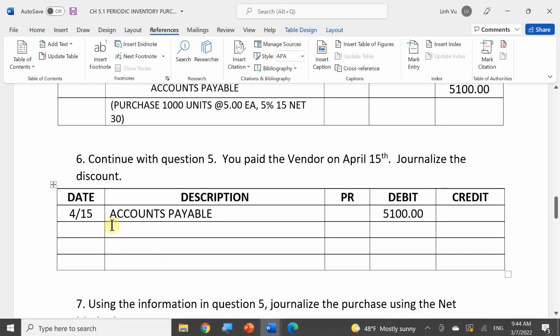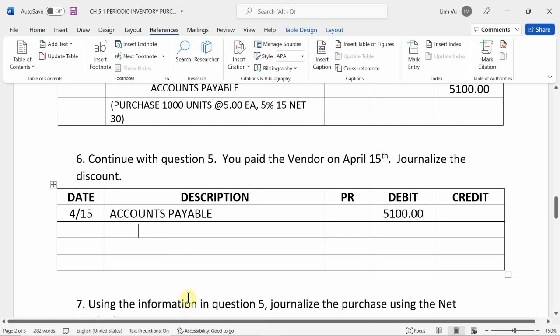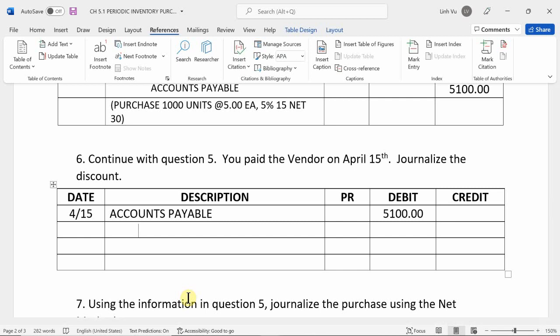Okay. Now, am I gonna pay $5,100? No. Okay. So I'm assuming I'm gonna pay with a check. Right. What else do I need to recognize?